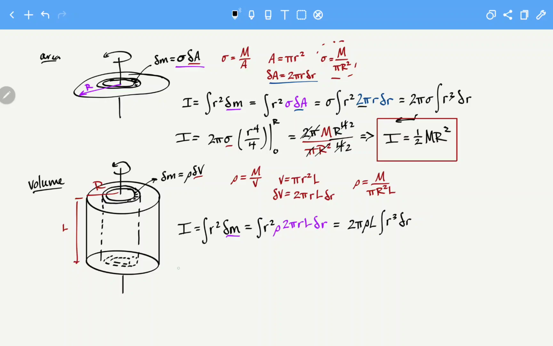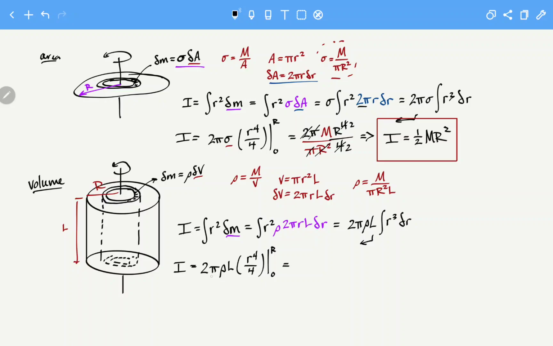So I'll just kind of come back here. All right, so we'll go back down over here. So then I is equal to 2 pi rho times length times r to the 4th over 4. And again, we're integrating that from the radius to 0.